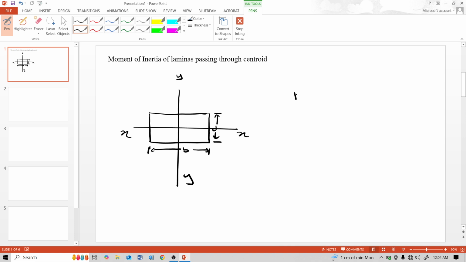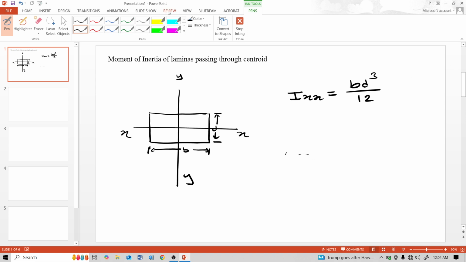Here Ixx, moment of inertia about x axis, is b d cube by 12. See, moment of inertia about x axis, and this breadth B is parallel to this x axis, b d cube by 12.